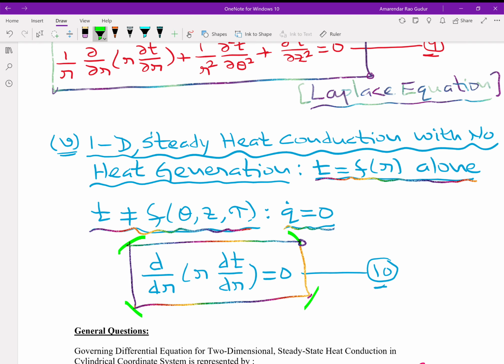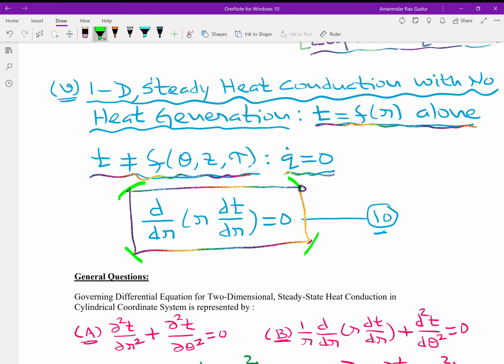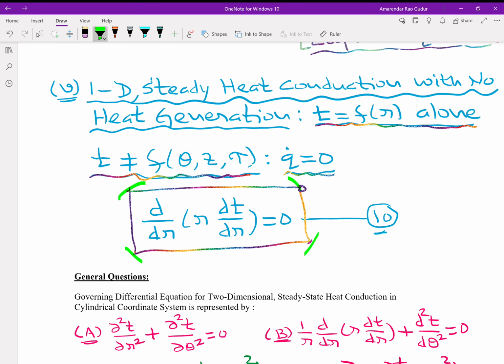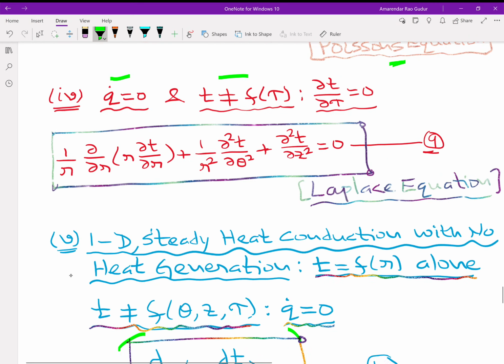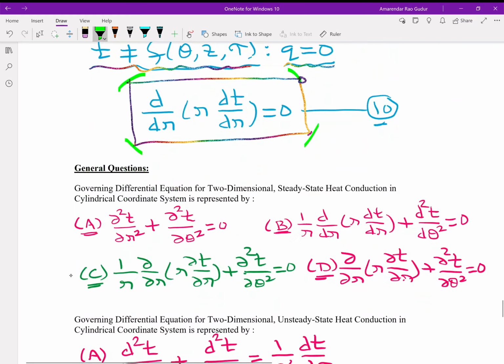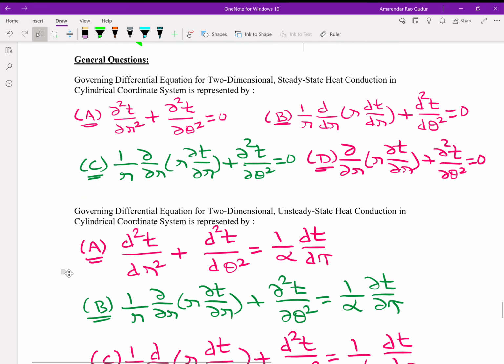One can integrate this equation 2 times and apply appropriate boundary conditions to get the temperature distribution and the heat transfer rate. And those of the students who are going to write their end sem exam or who are preparing for their engineering services, this could be a full-fledged question, and you can practice this equation, and you can always get advantage of it. Now let's try to pick up some simple questions based on this discussion.